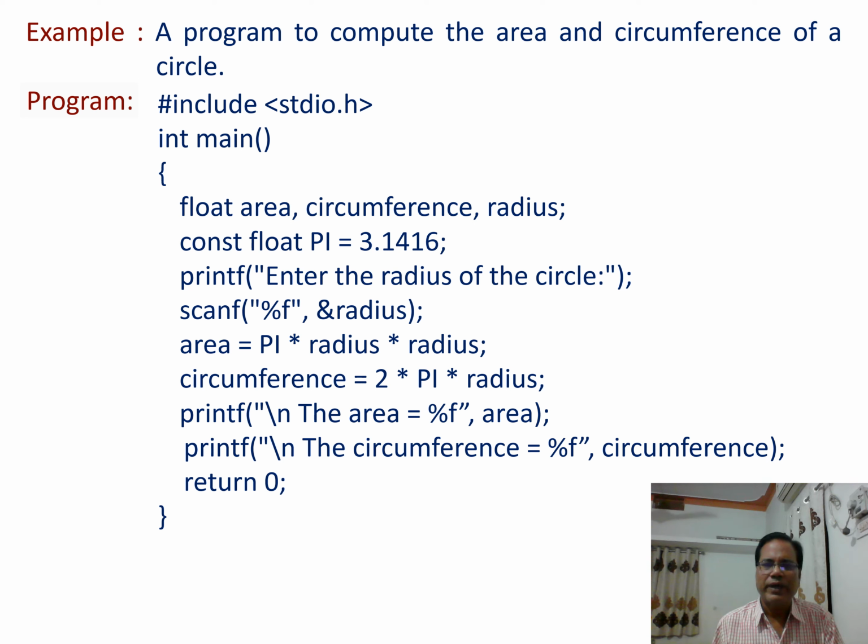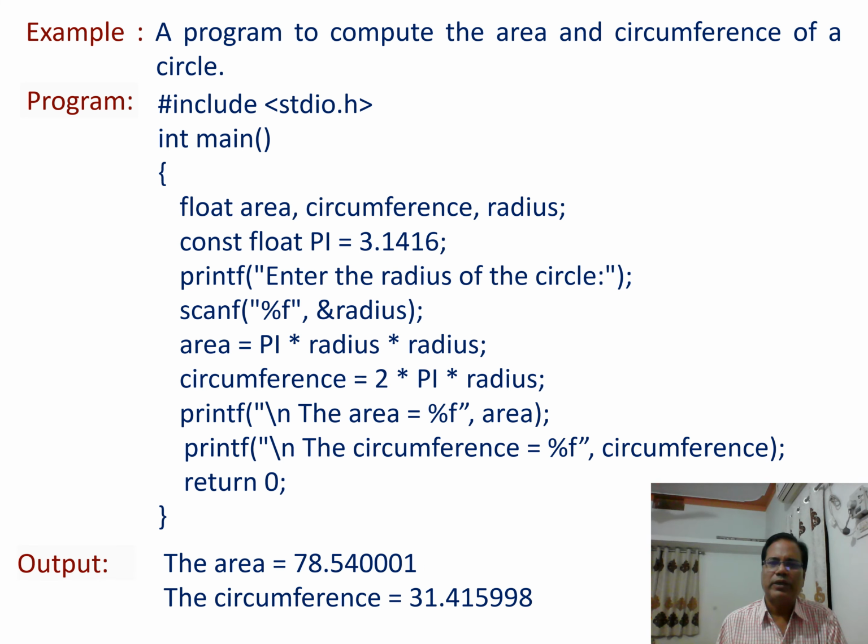In this way we can use the symbolic constant in our program. When this program is run, we get output of this nature. The area 78.540001 and circumference 31.415998 are displayed on the output screen.